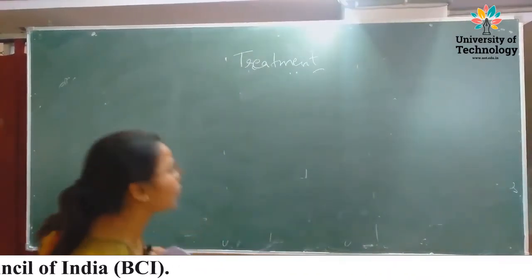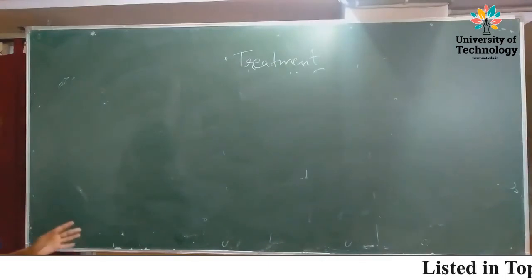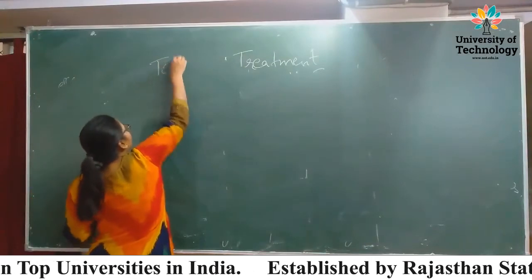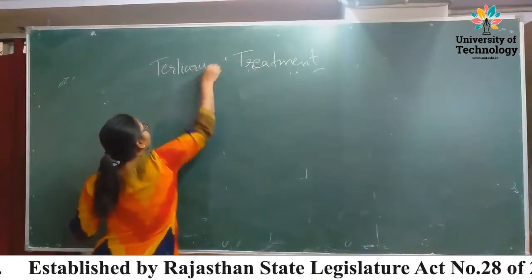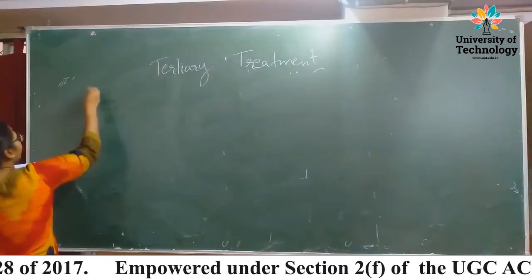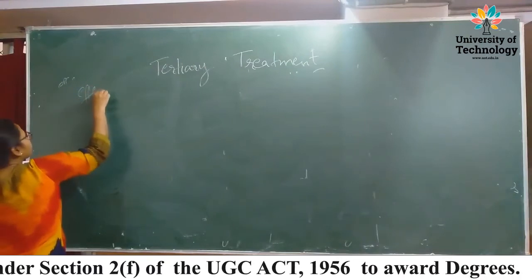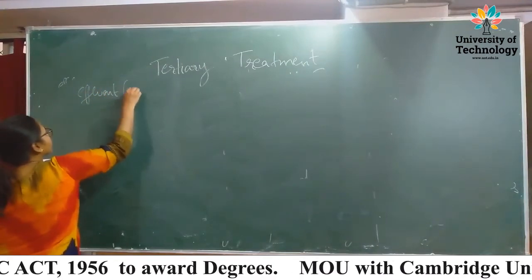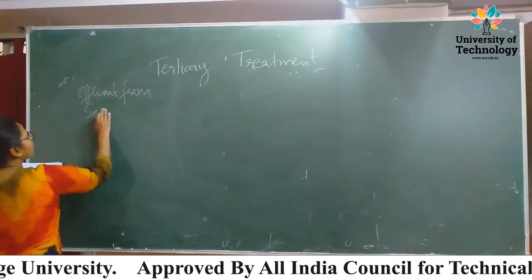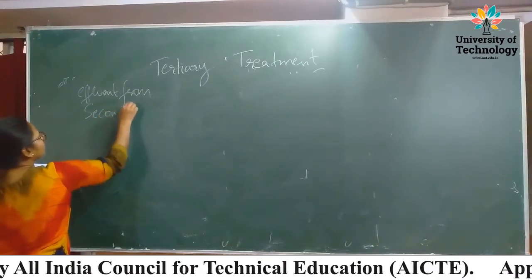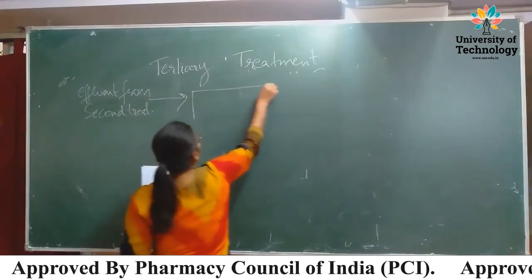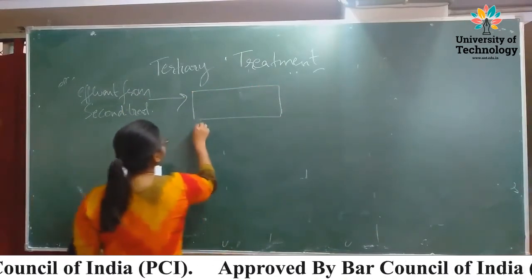It's the last treatment and it is mostly optional, but primary and secondary are compulsory and the major treatments. This involves chemicals. Effluent from secondary treatment passes on to one unit where nitrification occurs.